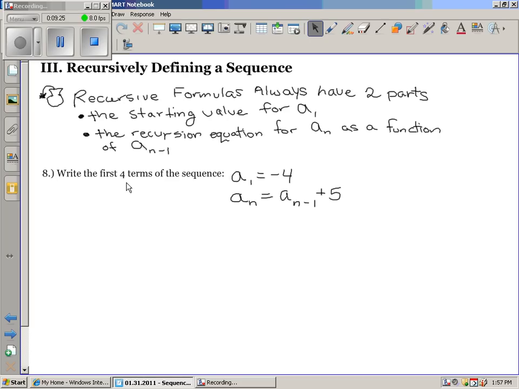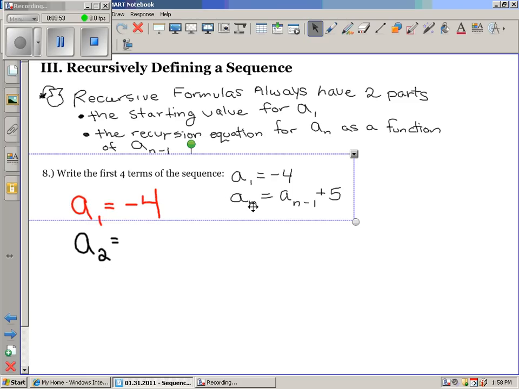What's the first term of the sequence? The first term they give to you. The first term is -4. Okay? Now, how do you find the second term of this sequence? All you have to do is use this formula over here and plug in. You see how I plugged a 2 in for the n? So we're just going to do that again.